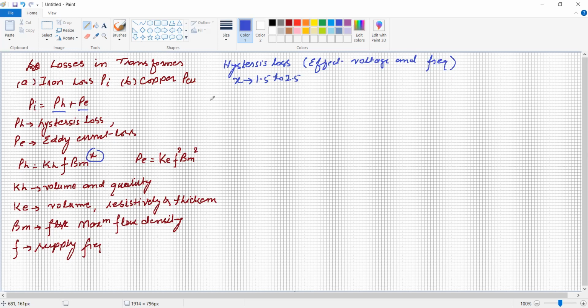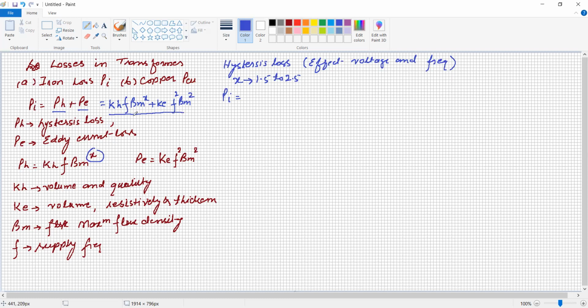So the total iron loss we can write as KH F BM raised to X plus KE F square BM square.